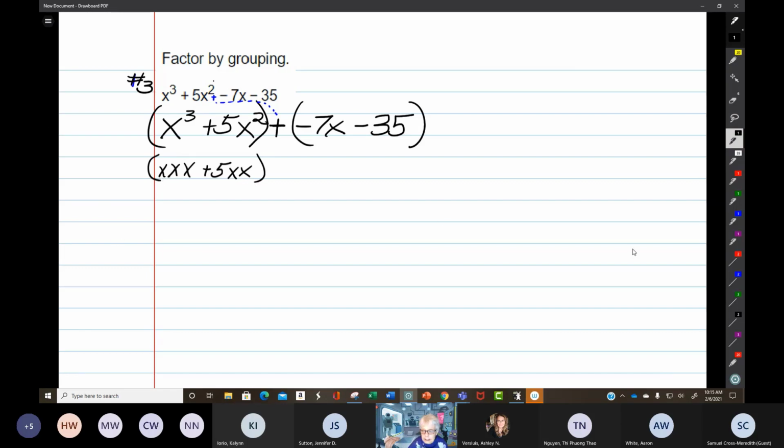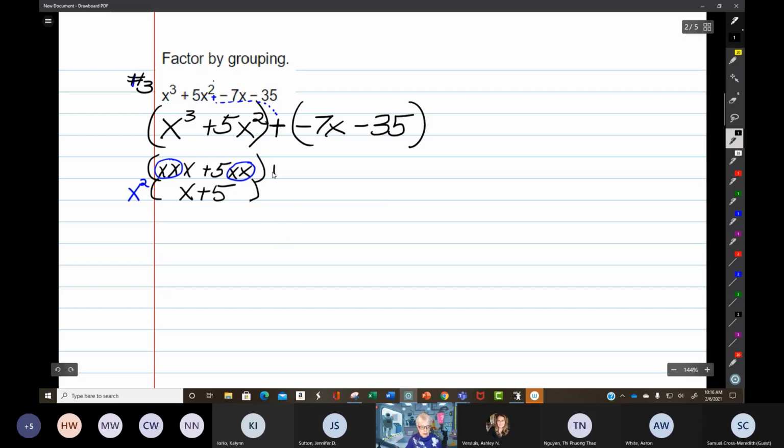Both of these terms have an x squared. So I pull that out to the front. And then write the leftovers. We have an x plus 5. We're done with easy. Say goodbye to it.